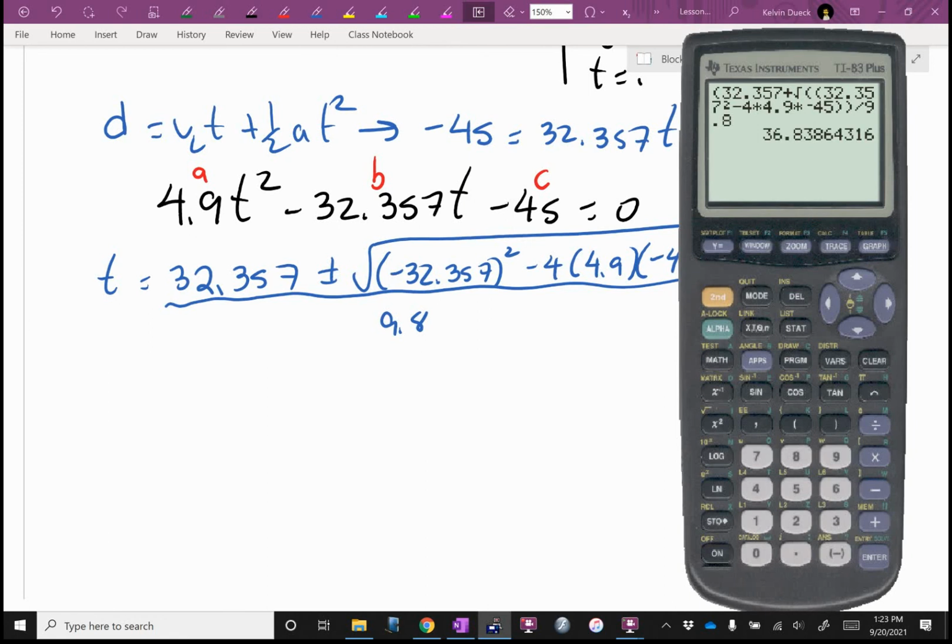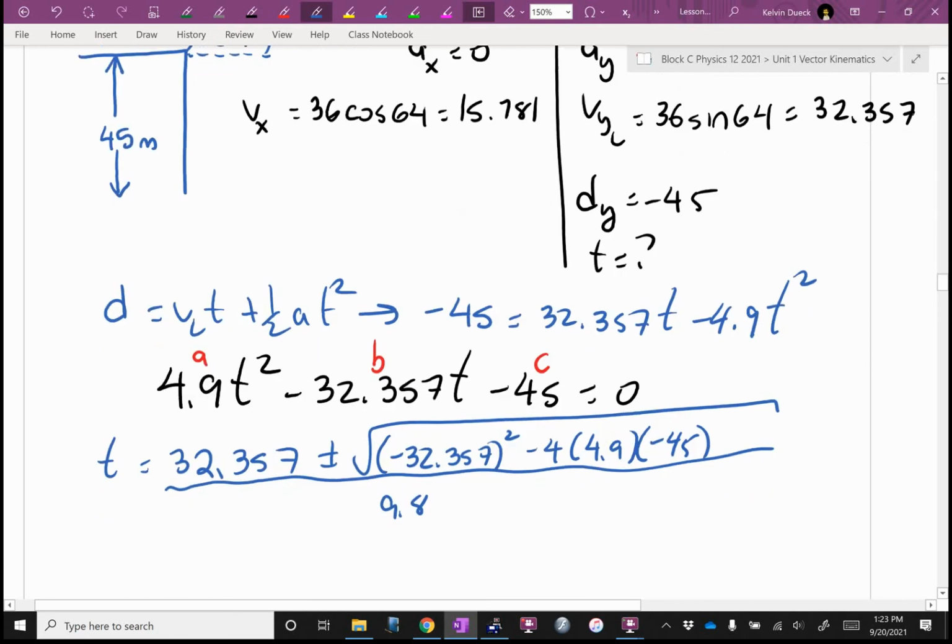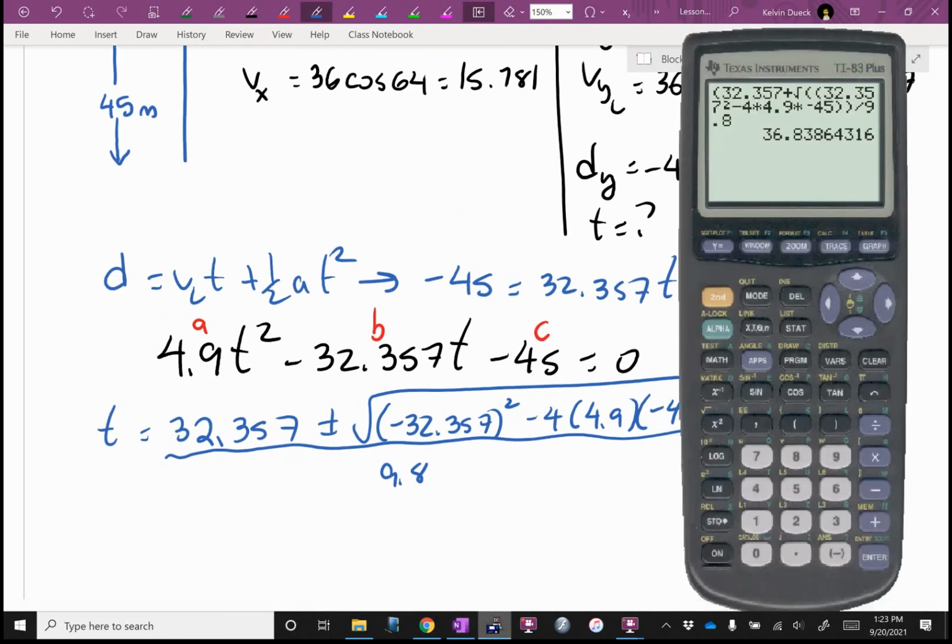What did I do wonky here? I think I know what I did. No. 32.357. Negative b plus or minus the square root of b squared minus 4 times a times c. Oh, I opened up a double bracket. There's my problem.